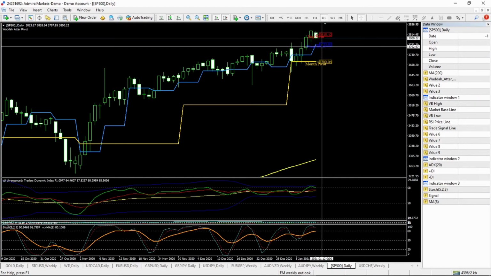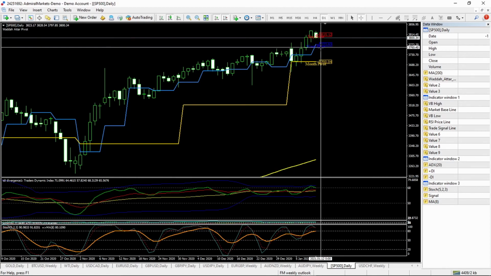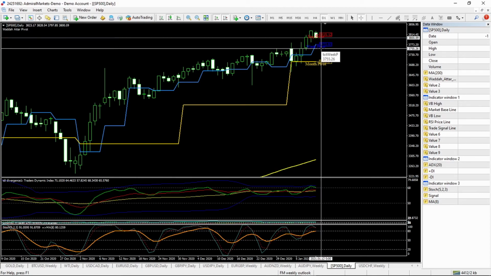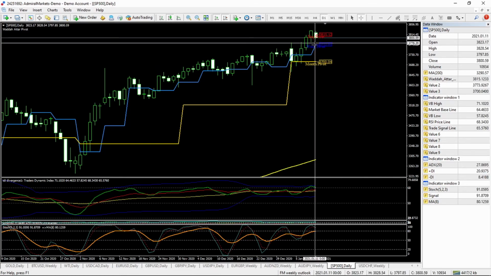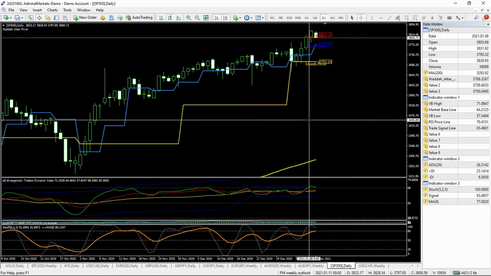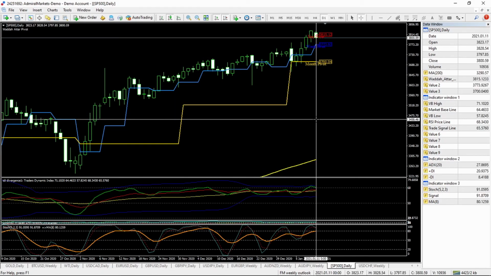So the pullback might be in preparation for the earnings coming up going into next week. And that's the big boys preparing for, I believe, a rally. So they're setting the market up for a retracement, a small correction, and then into a rally.